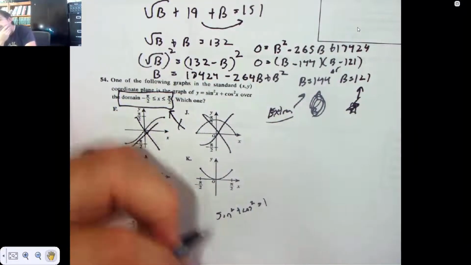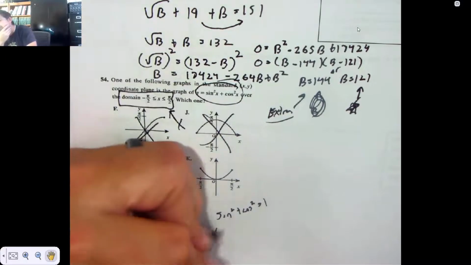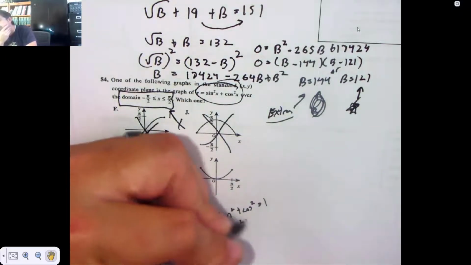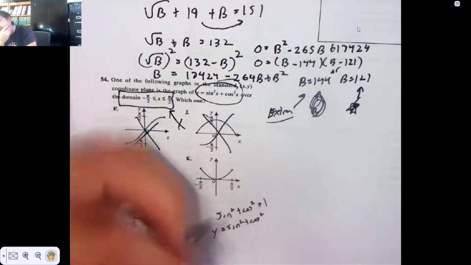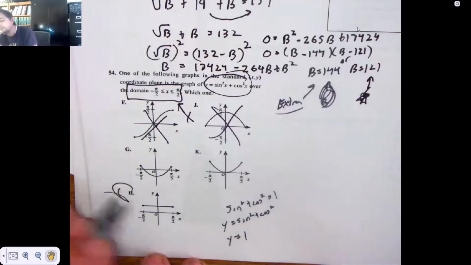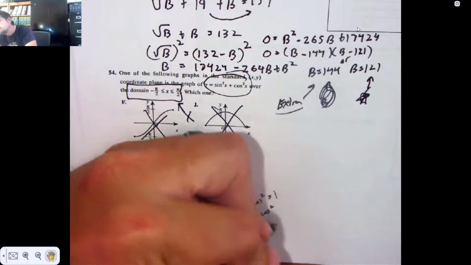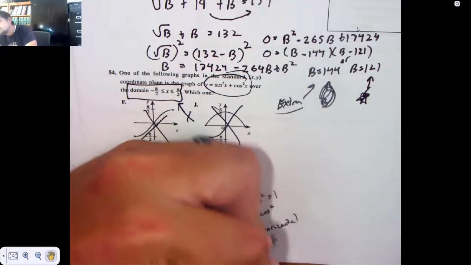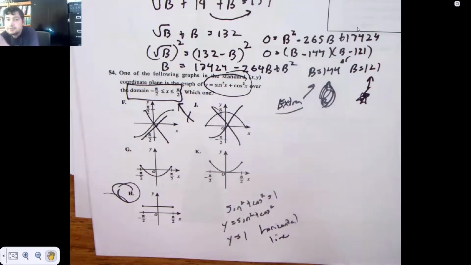So I legit have, instead of y equals sine squared plus cosine squared, I have y equals 1, which is a horizontal line. That's how long it is. It took me a minute to write it out. Would have taken me a second on the real test.